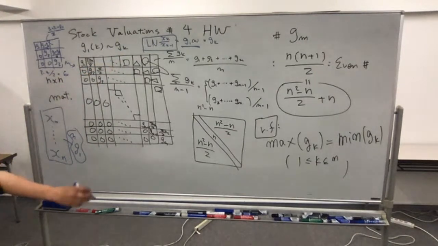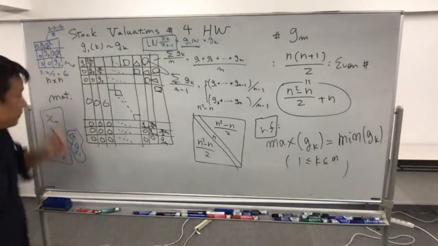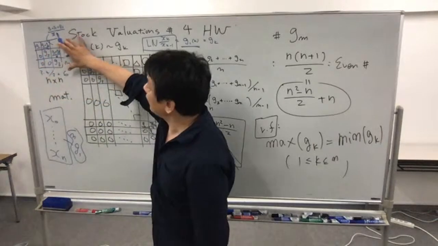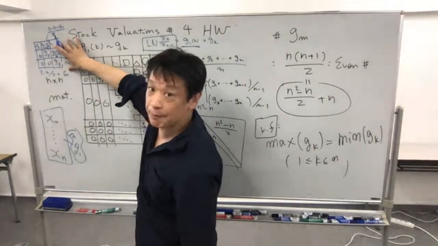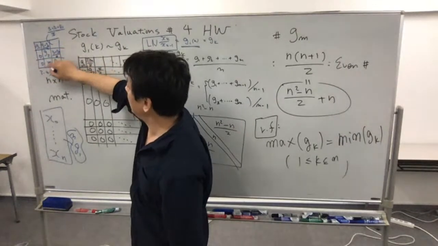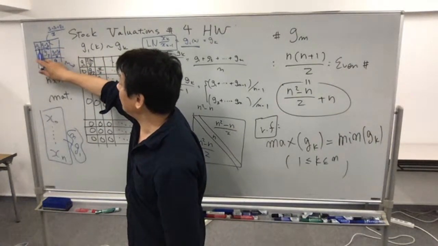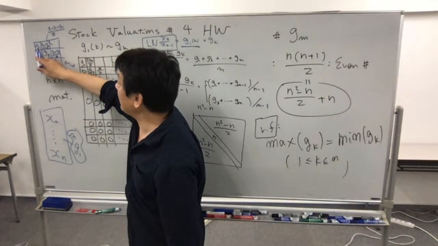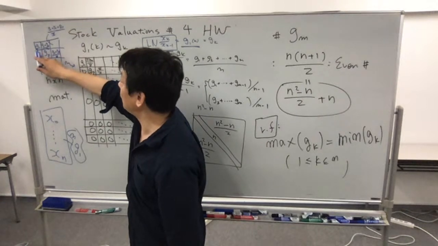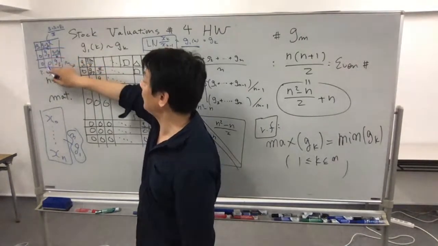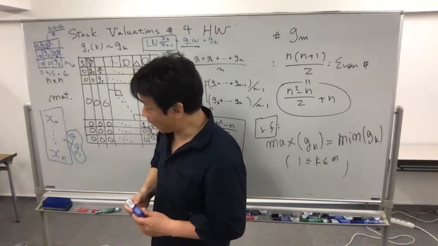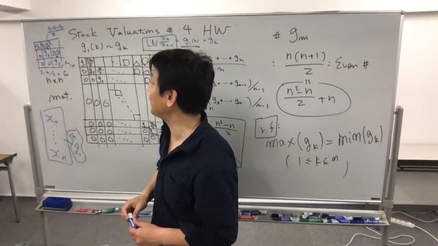And from the last lesson, you remember the 3 by 3 matrix. If I have three G1s, G1, G2, G3, then finally we get 6 kinds of GMs, the average growth rate.